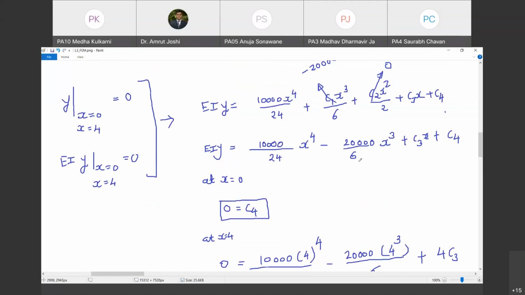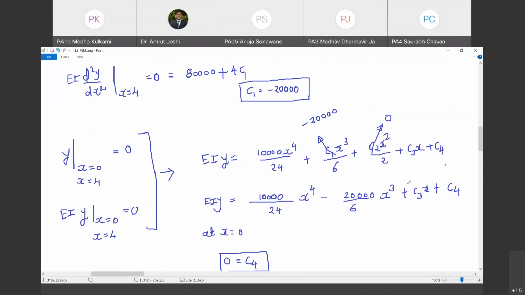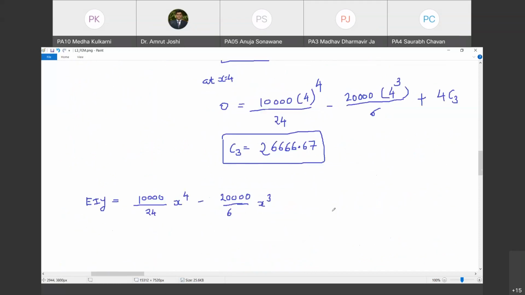Minus 20,000 by 6 x cube. Happy? Plus C3x plus 26,666.67. Do you agree with me? This is the value of EIY.